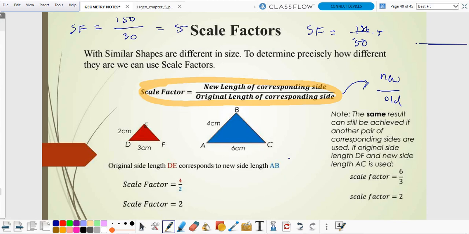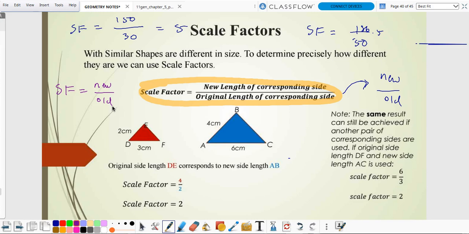Understand this: I like to make it shorthand by going SF, scale factor, equals new divided by old. What do I mean by that? Say you've got this shape, and it's now been enlarged. This is the original or old shape, and this is the new shape.